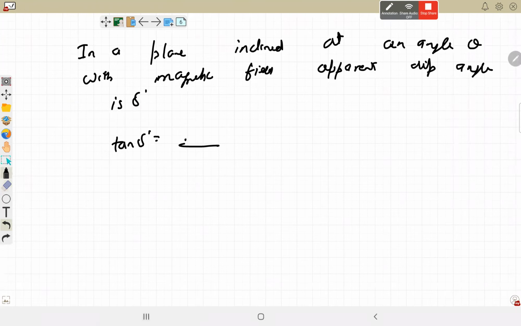Tan delta dash will be BV upon BH cos theta. BV is the vertical component and BH cos theta is the horizontal component.